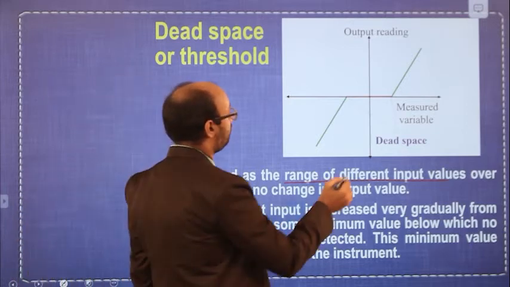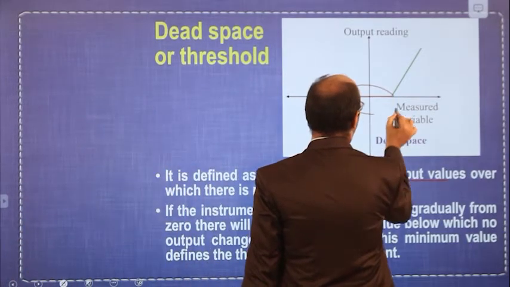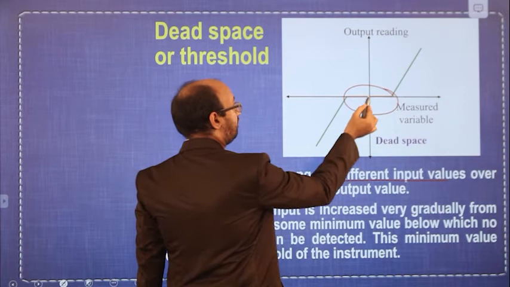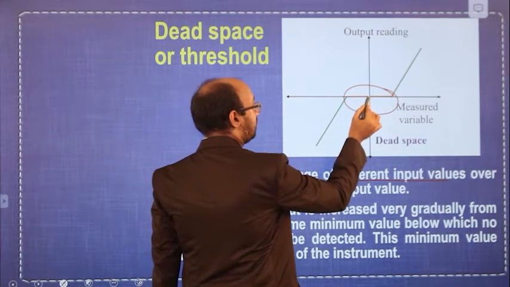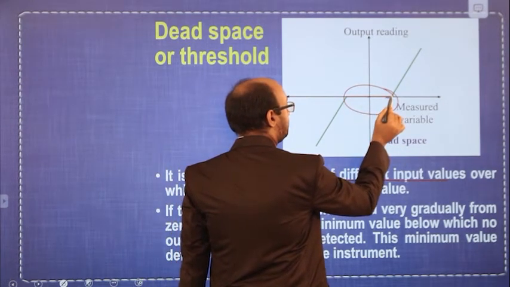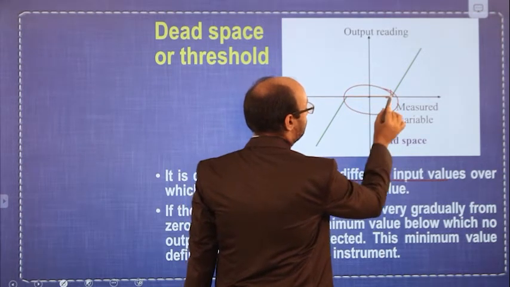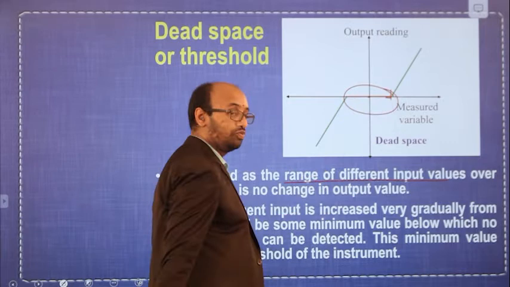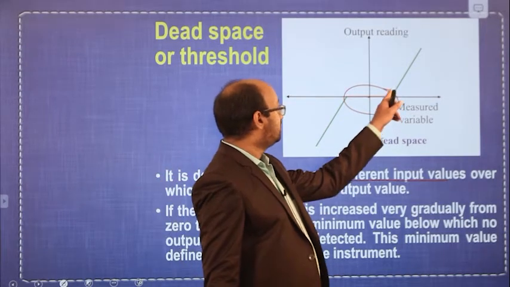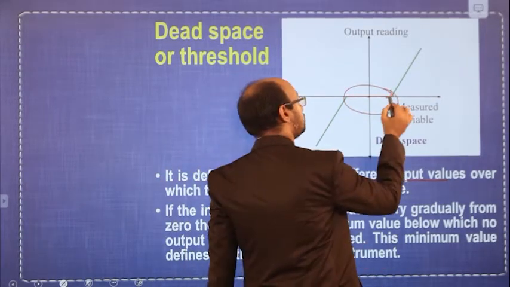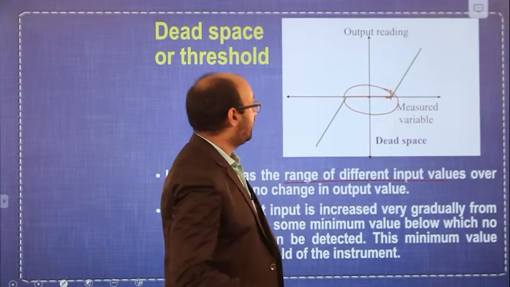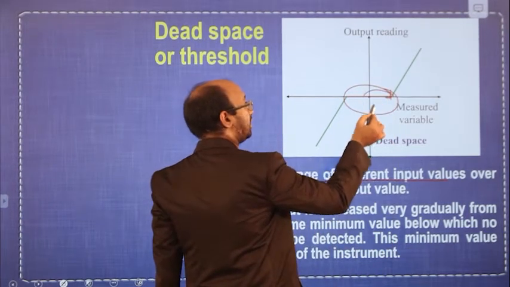So you can understand this from these characteristics. So here we have changed the input from 0. As long as we change the input from this point to this point, there is no change in the output. So whenever the input crosses this particular point, the instrument starts responding. So there is no output for this particular band.